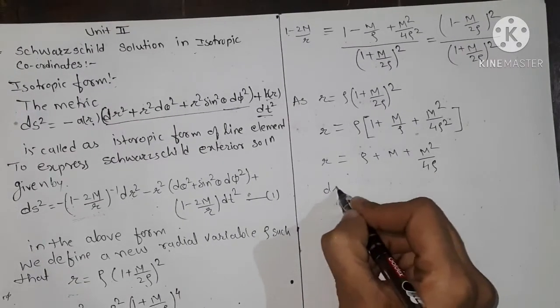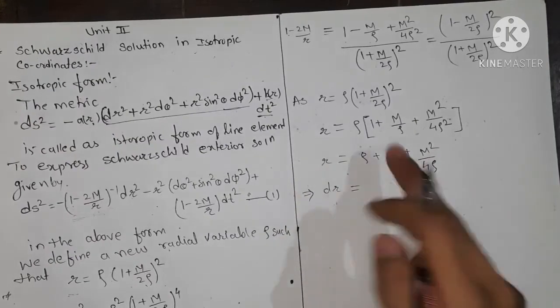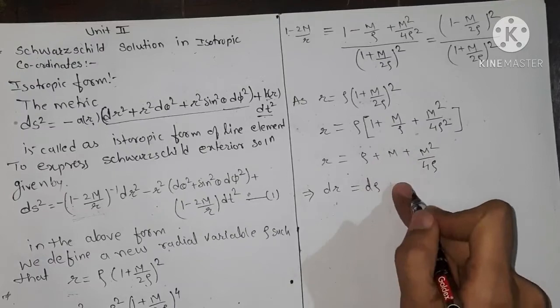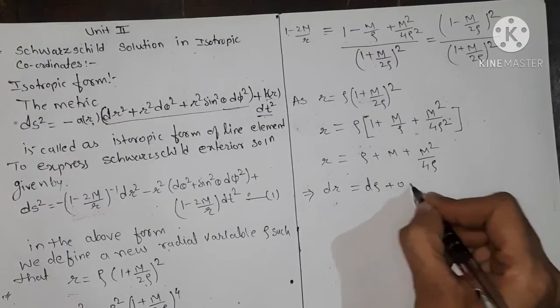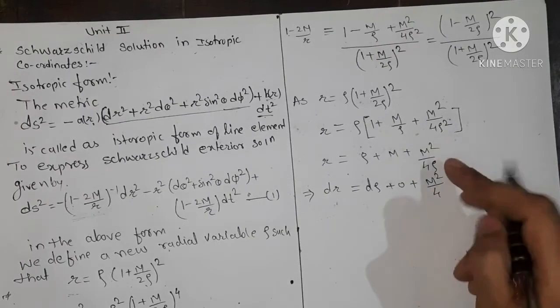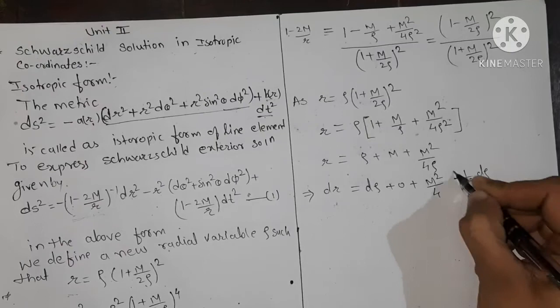Now dr, this implies dr equals, differentiating this, d rho. The m is constant here, so this is 0 plus m square upon 4 times the derivative of 1 upon rho, which is minus 1 upon rho square, d rho.